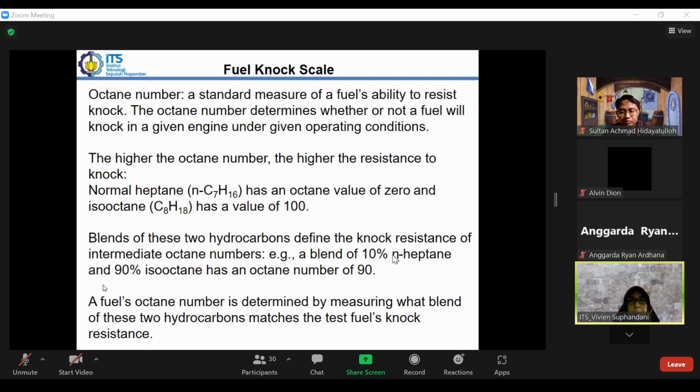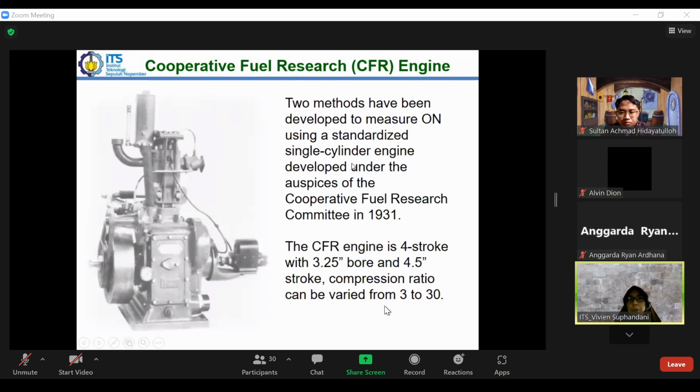A fuel's octane number is then determined by measuring what blend of these two hydrocarbons matches the fuel's knock resistance. That is why we have the cooperative fuel research engine, which is a single cylinder engine.